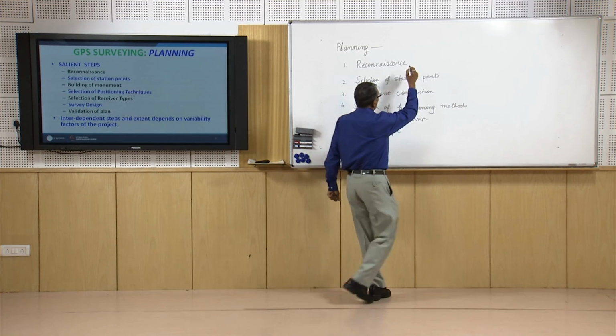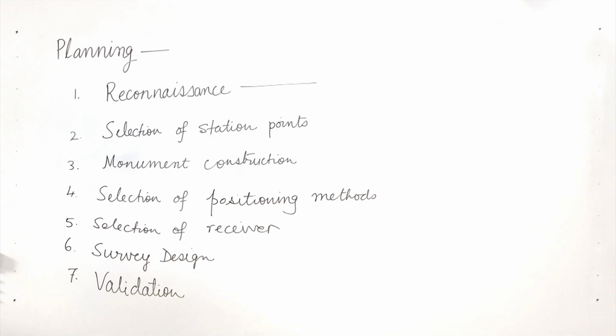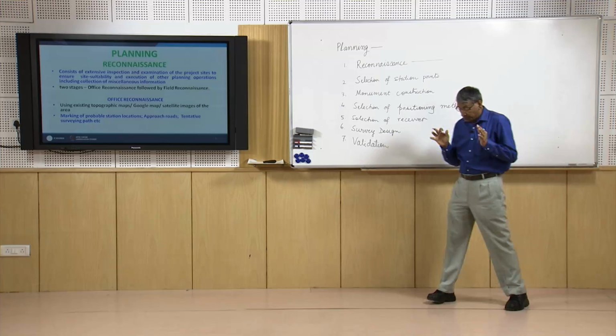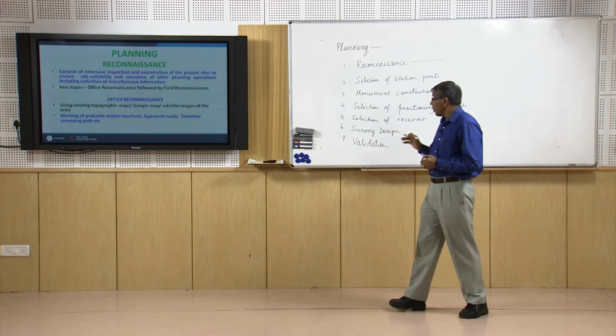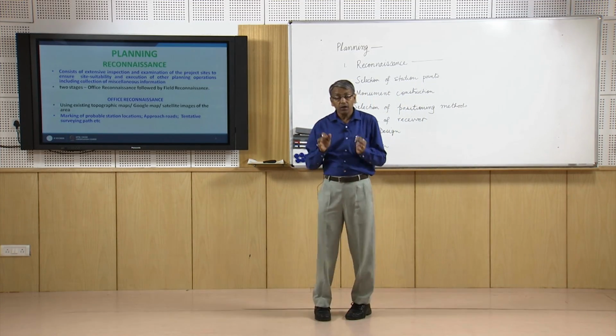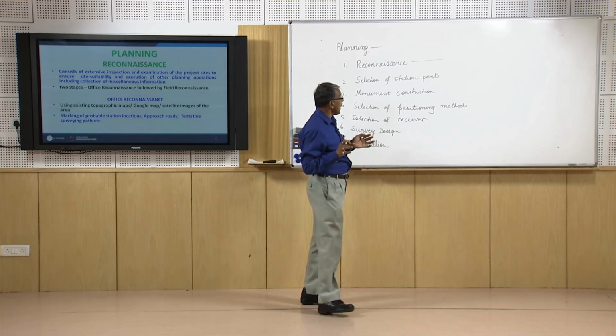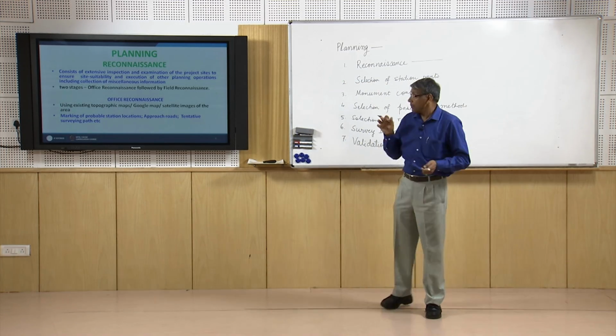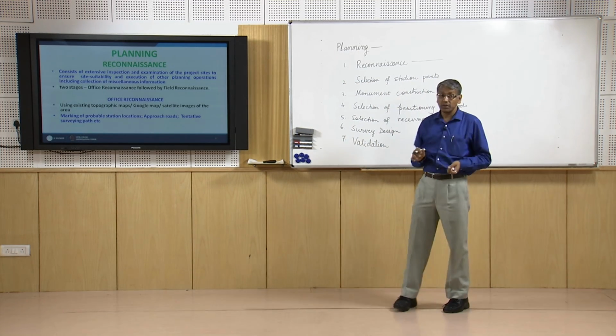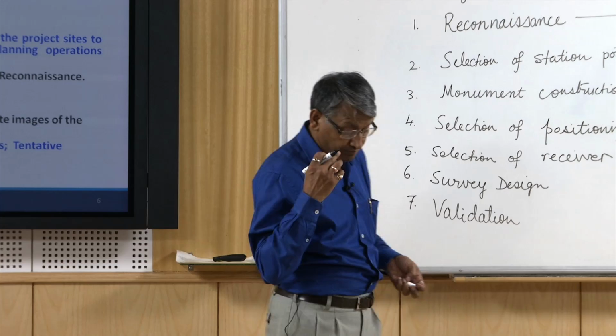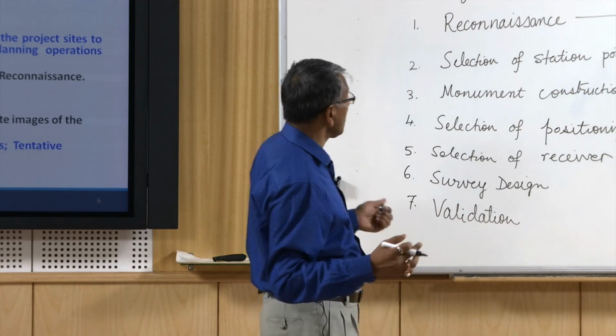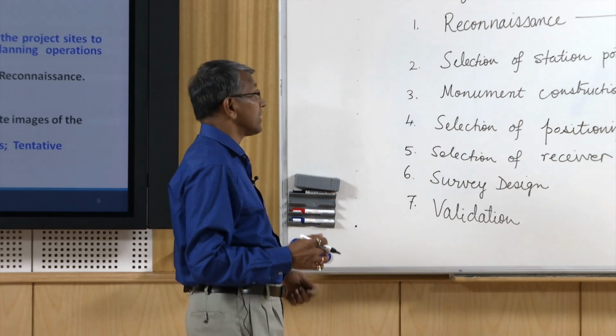Now, what is reconnaissance? Why do we go for reconnaissance? During reconnaissance we carry out extensive inspection and examination of the project area to find out the suitability of the land of the area as well as many other points like selection of station points, and whether it is suitable for surveying or not. All those things we have to do during reconnaissance.